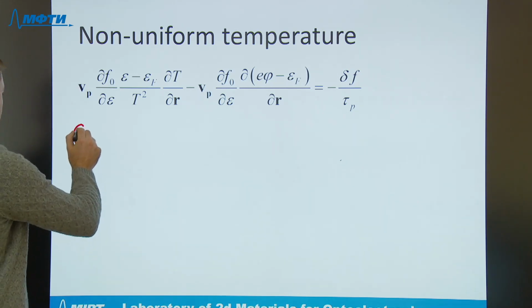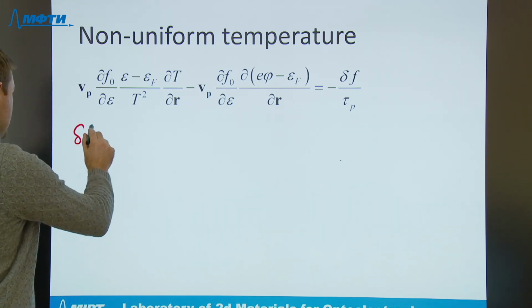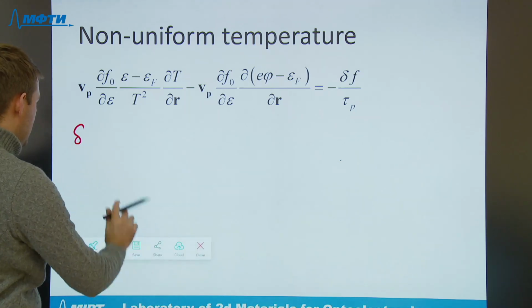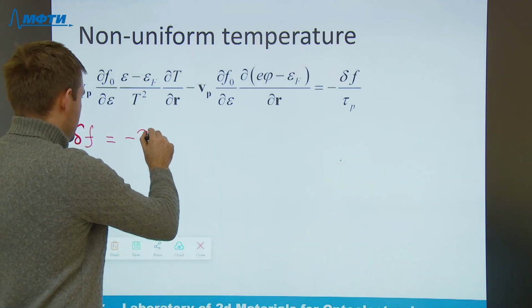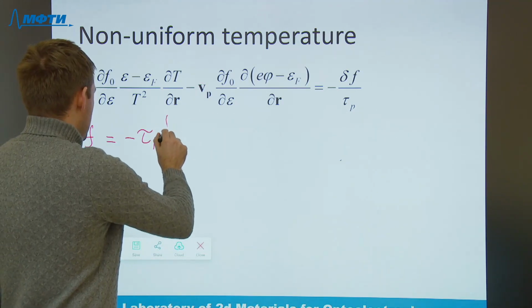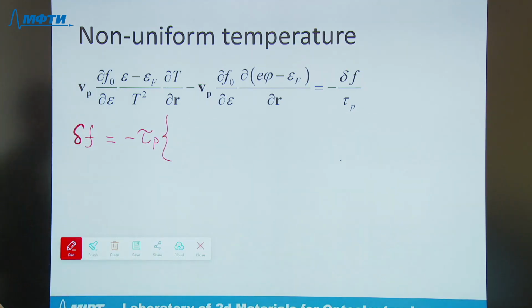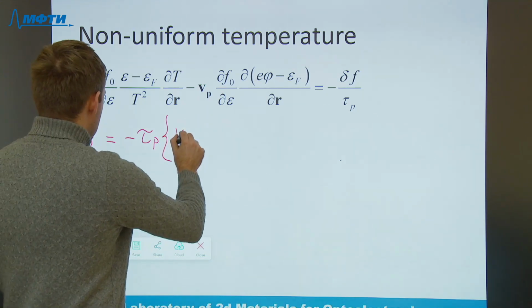You write the correction to the distribution function delta F as minus momentum relaxation time multiplied by everything what we have on the left.